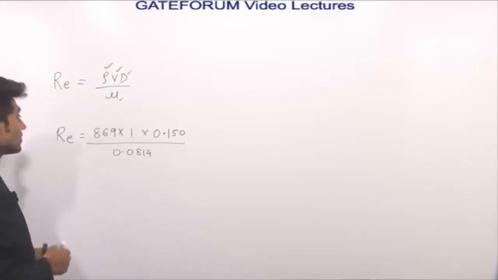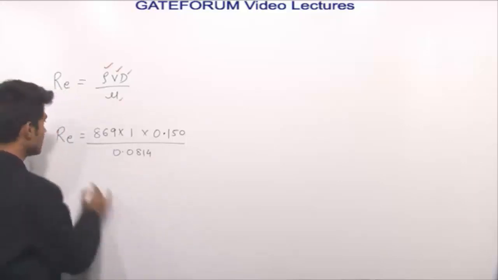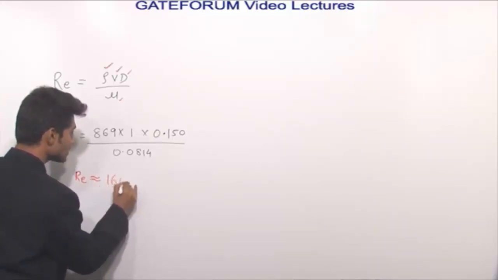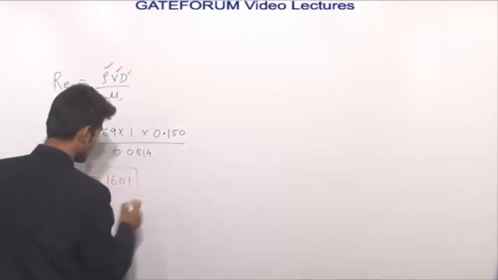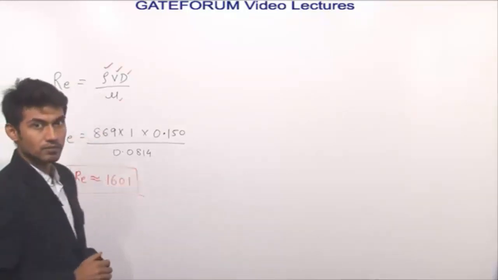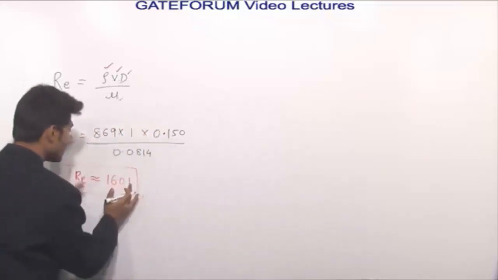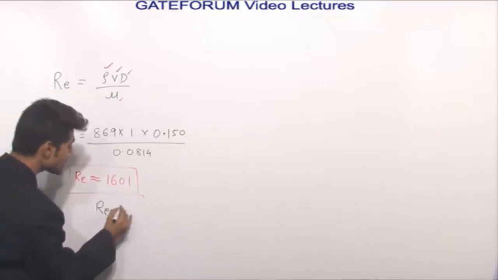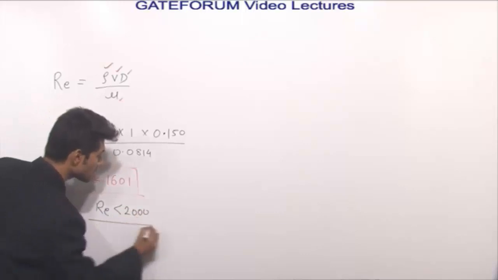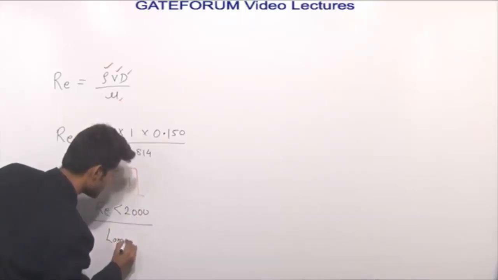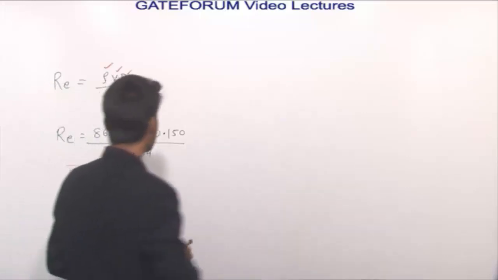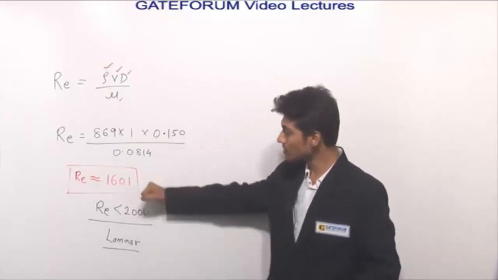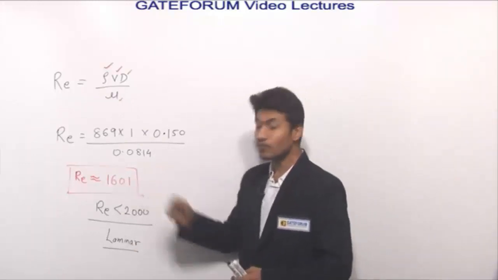Since you are not having any calculator, you can approximate this value. This Reynolds number will come out to be approximately equal to 1601. Now this Reynolds number is a unitless quantity, so no unit will be there. What is the significance of this number? If the Reynolds number for any pipe is less than 2000, then the flow is termed as laminar flow. Now for our particular question, is Reynolds number less than 2000? Yes, correct. It is almost 1600, so our flow is laminar flow.